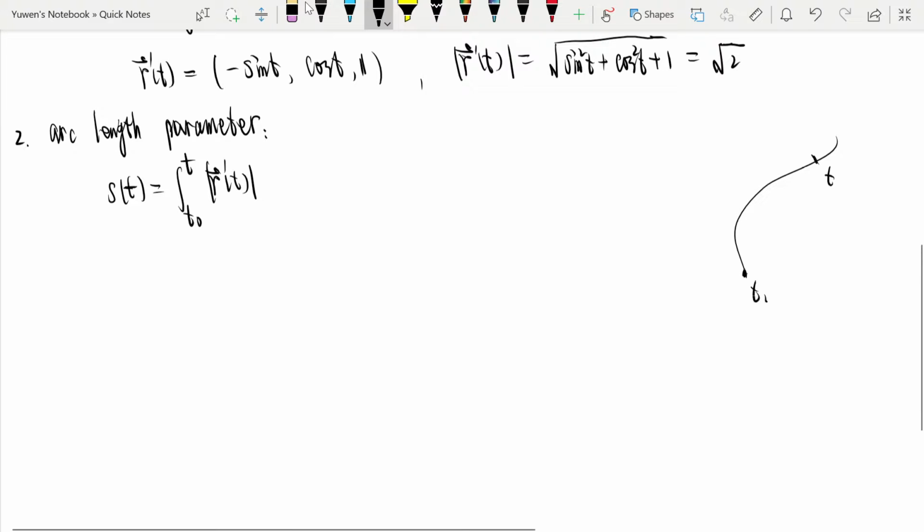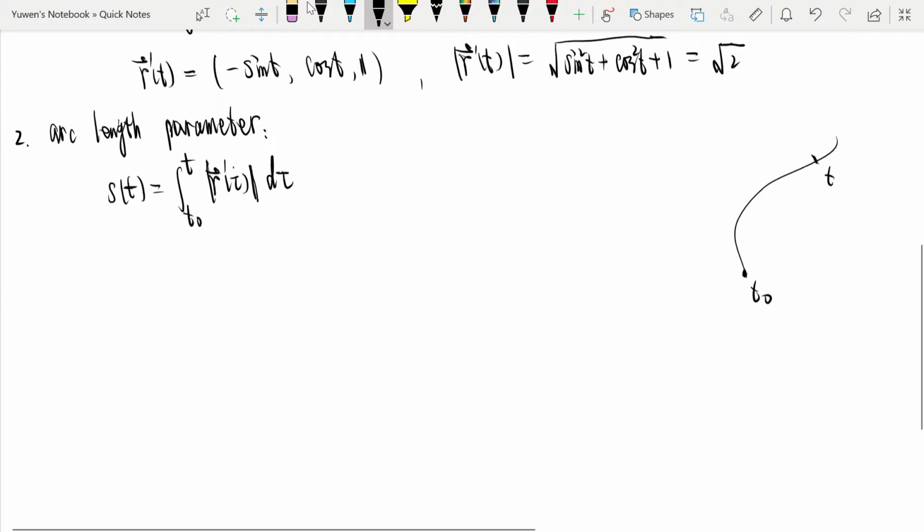Here is t0. The length is actually the integral from t0 to t of the length of the derivative of r, dt. But because t is changing from time to time, maybe we use another variable here, tau, d tau.